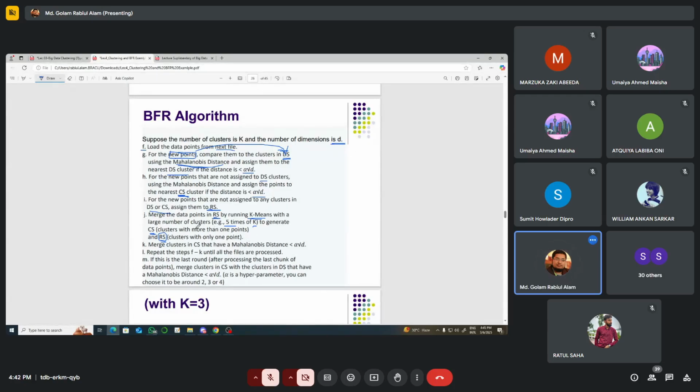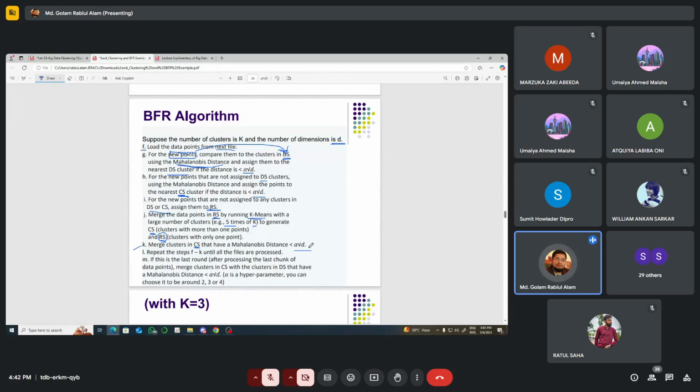After that, merge clusters in CS that have the Mahalanobis distance less than alpha square root of d. So maybe we will get many CS clusters and then try to merge those clusters.